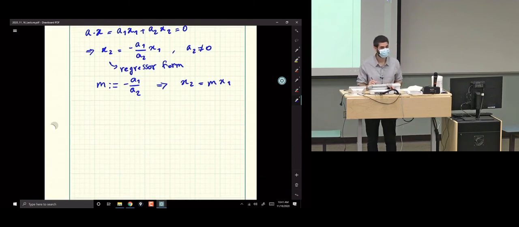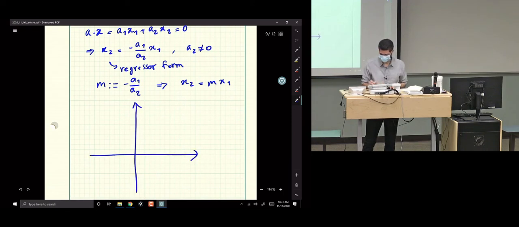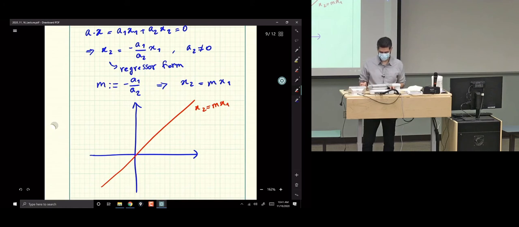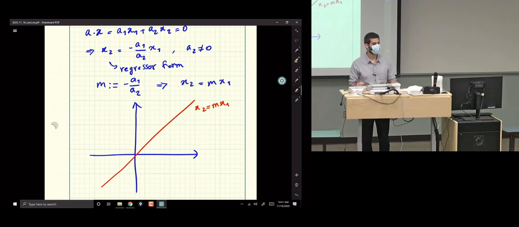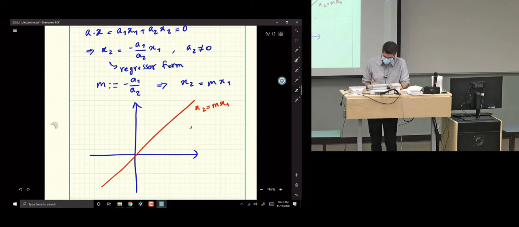There's no B. This is our line. It goes through the origin, it includes the origin. Is this a subspace?